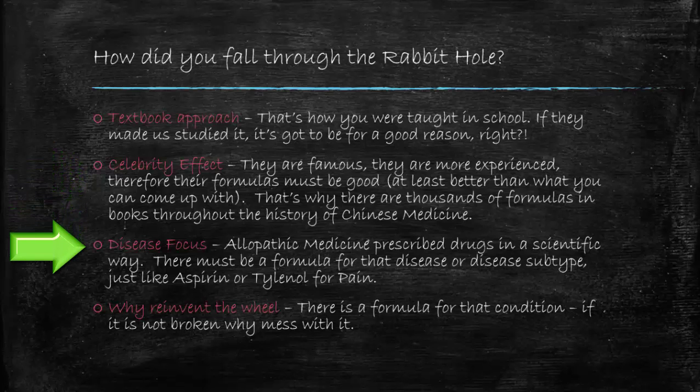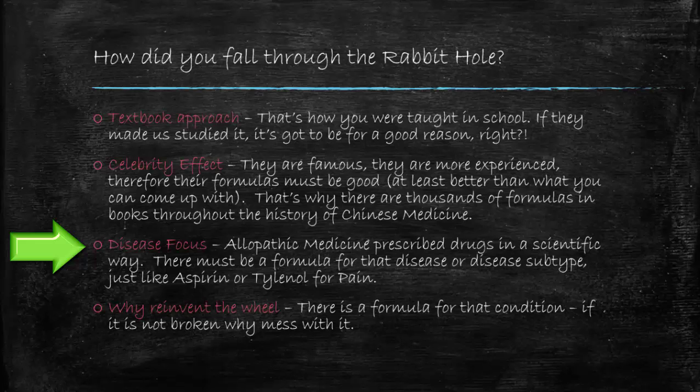The third category is disease focus. This is kind of the allopathic medicine way of doing things, where they prescribe drugs for a specific disease, right? So they will have certain pharmaceutical drugs for headache, like aspirin or Tylenol.